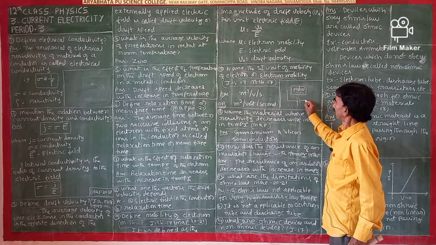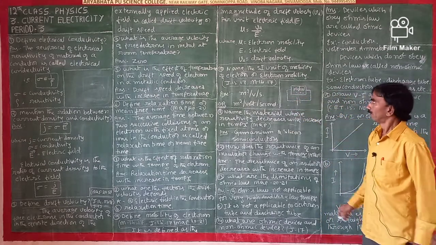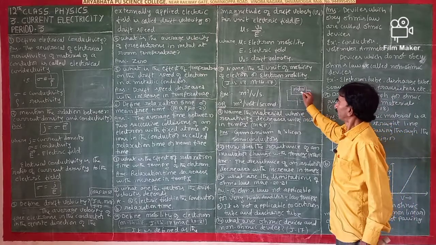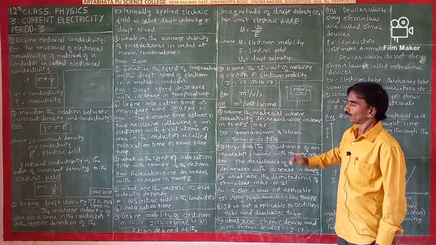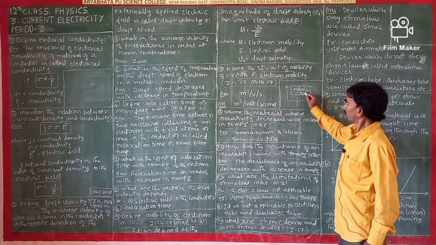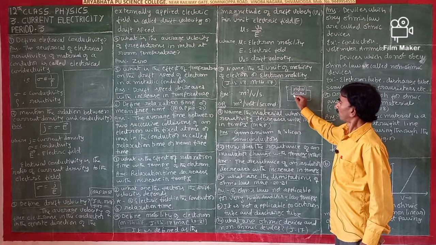If we apply an external electrical field to this metal, then electrons drift towards the positive plate.